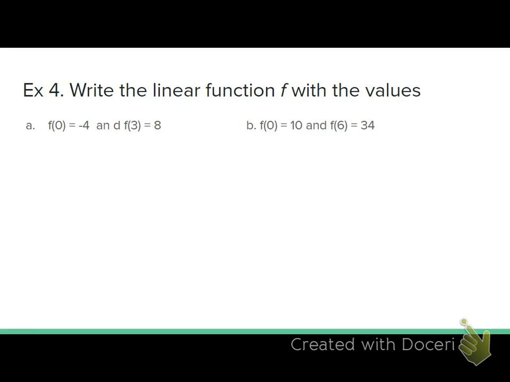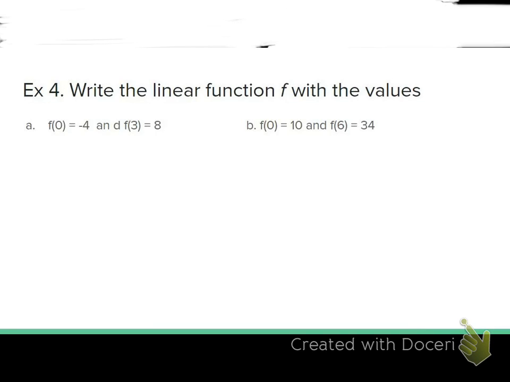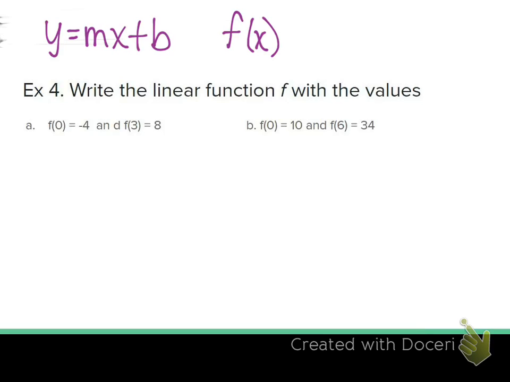So the next one asks us to write the linear function f with these values. Now, so far when we've been doing slope-intercept form, we've been writing it as y equals mx plus b. But another name for y would be to use f of x.